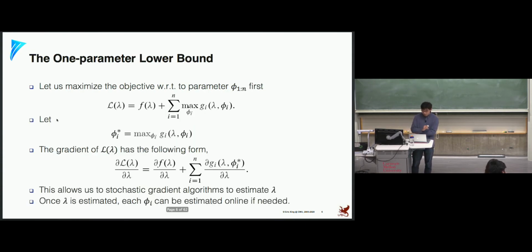We first optimize the local parameters, because f of lambda doesn't depend on i at all, so you can push the maximization in and do the local maximization first. Typically this has a closed form solution, or is very easy to solve because it only involves one data point, and it's usually a very cheap operation.